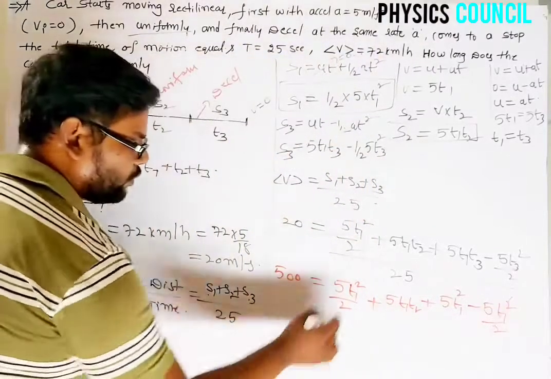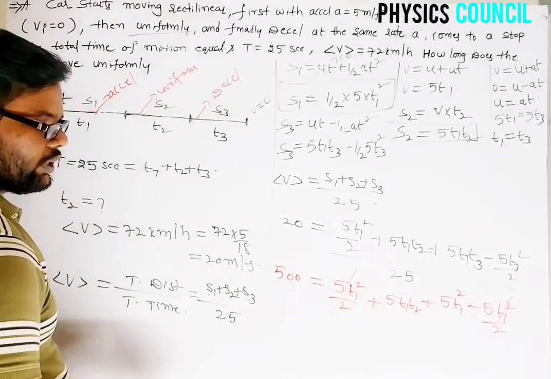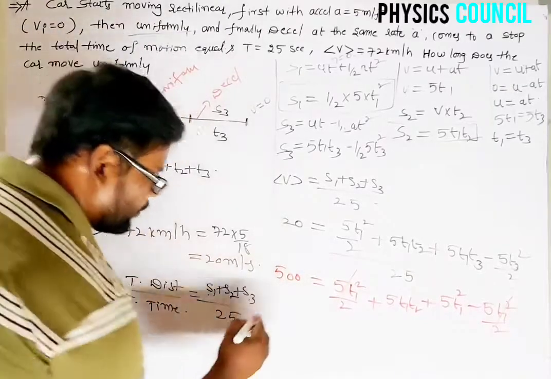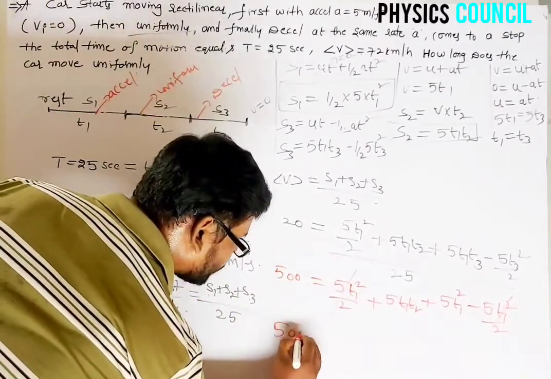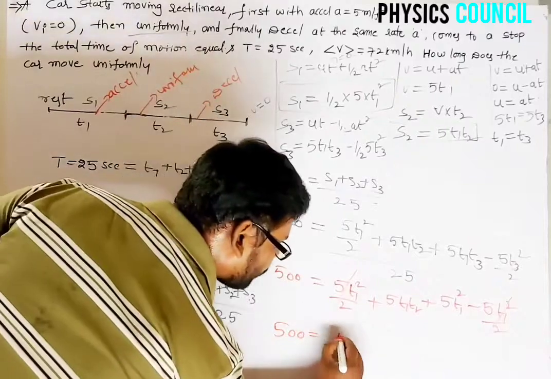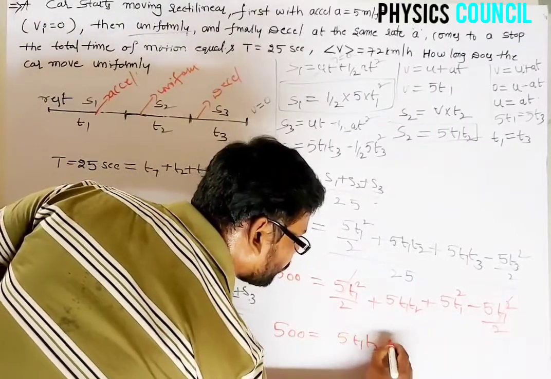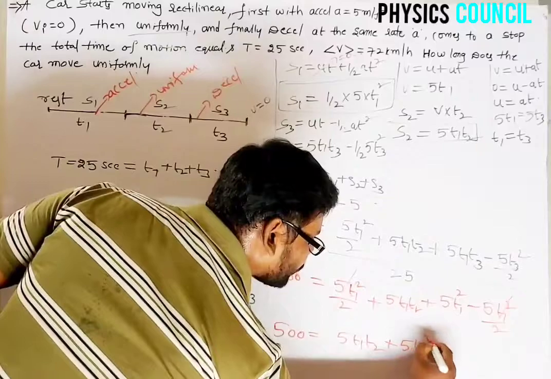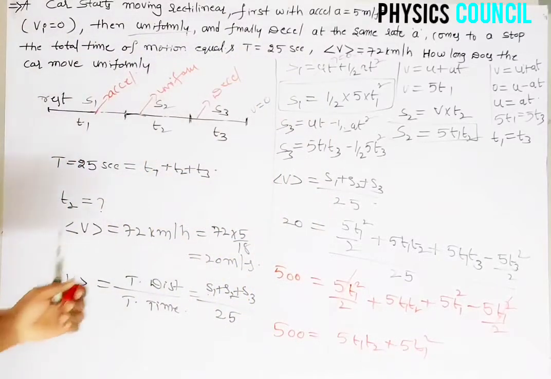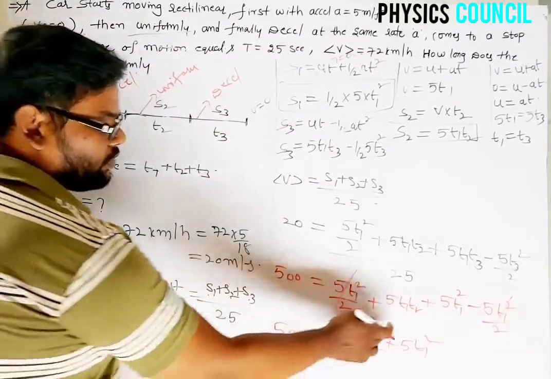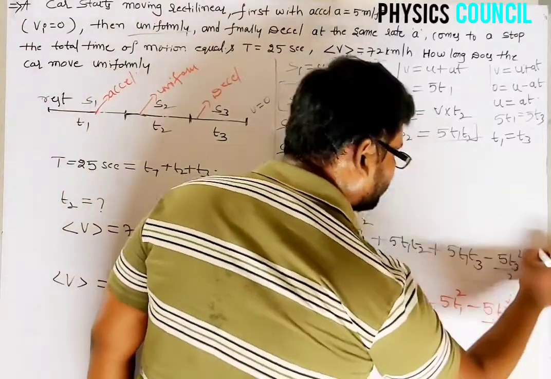The 5t1 square by 2 terms cancel, and the remaining terms are 500 equals 5t1 t2 plus 5t1 square, isn't it?